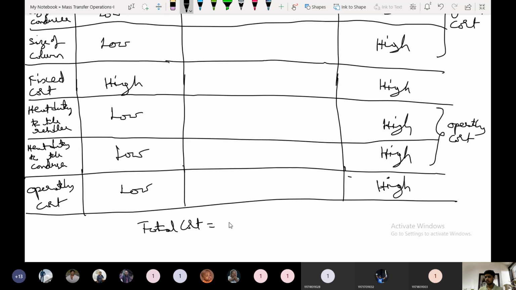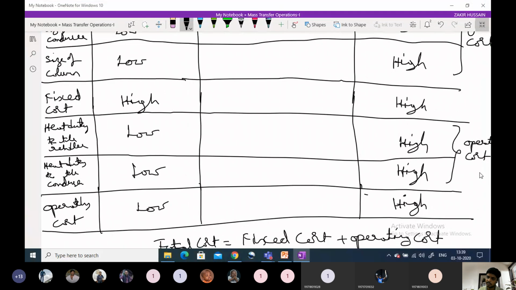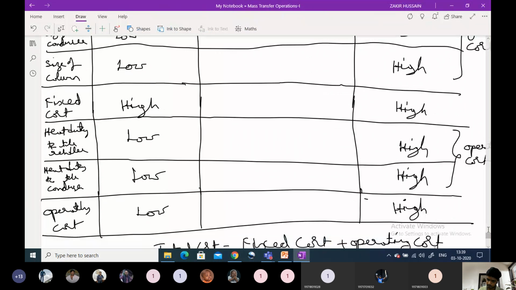Total cost is nothing but the sum of the fixed cost plus operating cost. Fixed cost plus operating cost. So using this fixed cost and operating cost, we can evaluate the total cost.